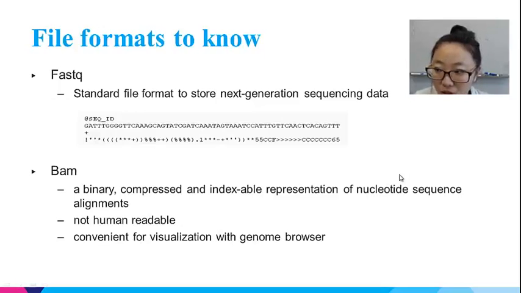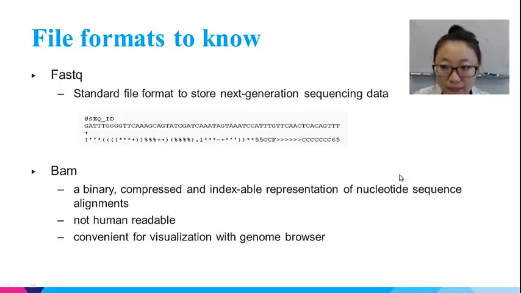The third line starts with the plus symbol and it's optional. The fourth line contains the same number of symbols as the sequence in the second line, and it encodes the quality value of the sequence. The quality value can be read by some software to evaluate the sequencing quality. Each FASTQ file aggregates millions of these reads in the same format.